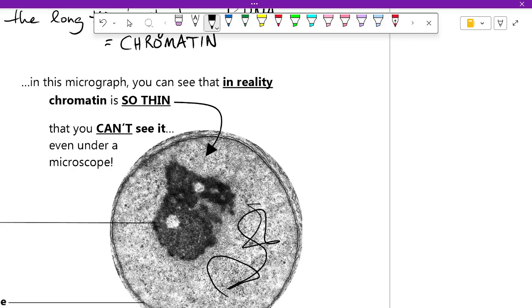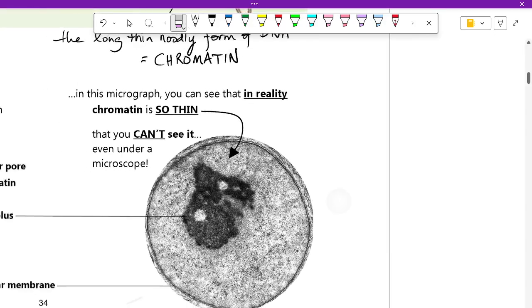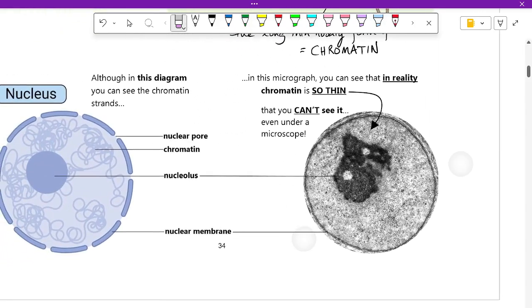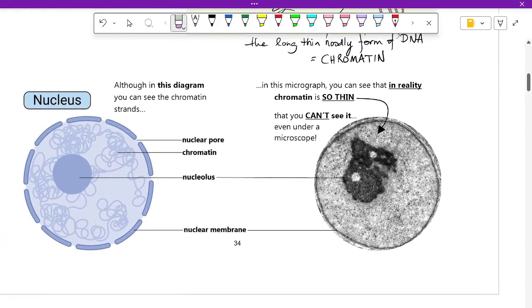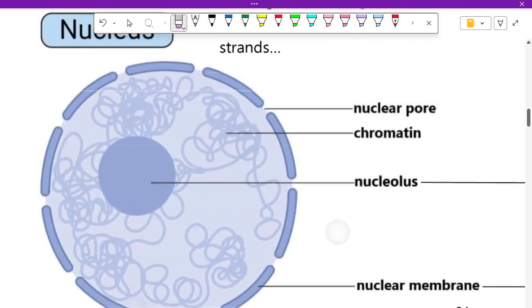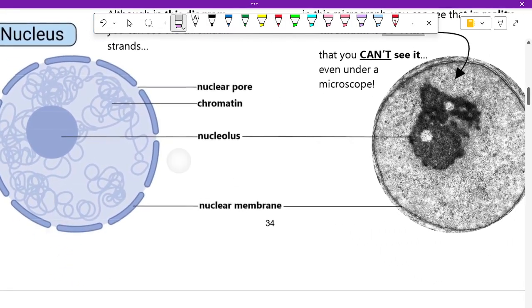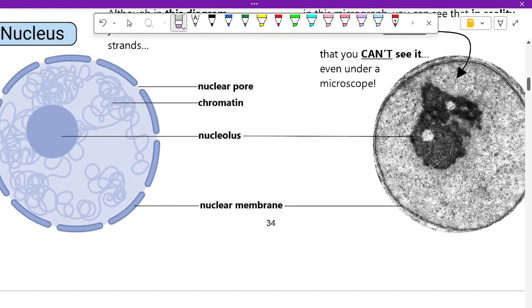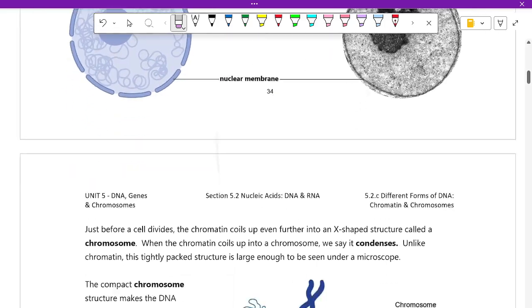Do you see noodles or no noodles? No noodles. And that's because DNA in reality is so thin you cannot see it. So even though in pictures we will draw it where it looks like you can see the noodles, you cannot actually see it. Not unless you get in there with like an electron microscope. Okay.